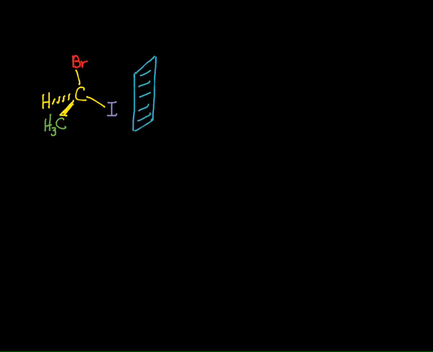Now I'm going to draw the mirror image of it. Again, I'm going to construct it the same way that I constructed the one on the previous slide. I'm going to rotate my tetrahedral carbon. The bromine stays the same because I basically rotated about the axis. The iodine's coming out, right, because I'm essentially mirroring what I drew.